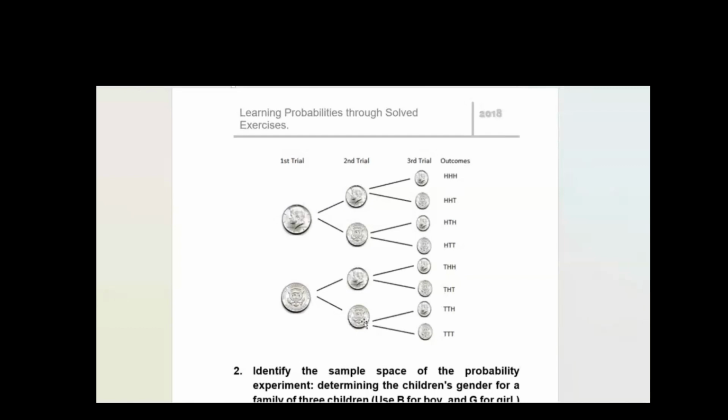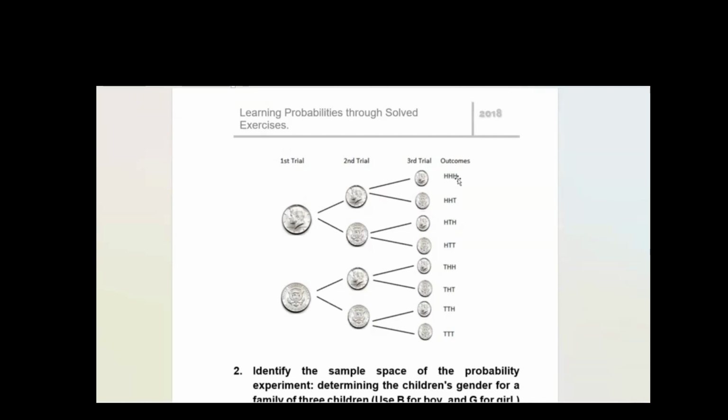But you still have to toss the coin one more time, and then again you have 2 possible outcomes, head or tail. So now you can get that the first time was head, the second time was head, and the third time was head.